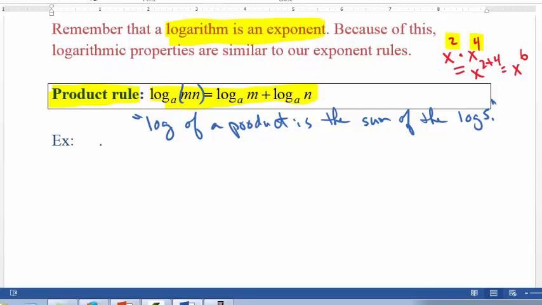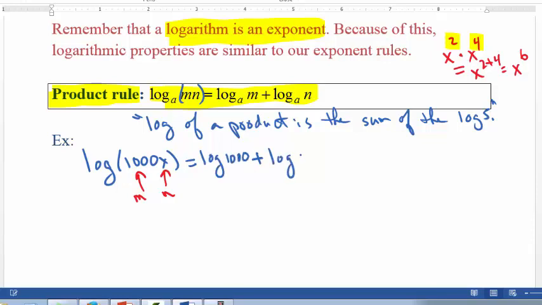So if you had something like the log base 10 of 1000x, that's really a product. So you're thinking of the 1000 as your m, and the x as your n. So this is the log of a product, so it's really the sum of the two individual logs. It's the sum of the log of 1000 and the log of x.